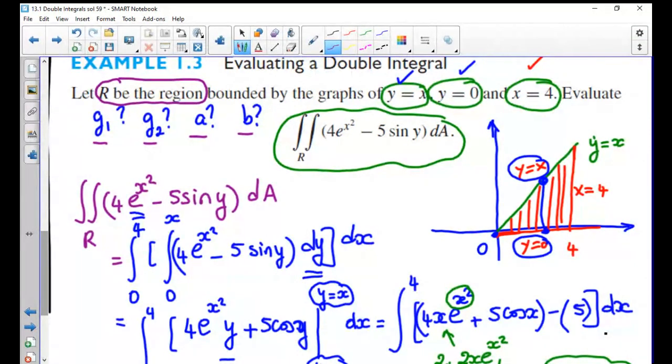Remember what we did here is we integrated first with respect to y from y equals 0 to y equal x, and then you shift this integration with respect to x from x equals 0 to x equals 4. So you need to integrate in one direction, maybe y direction, and then in the x direction.